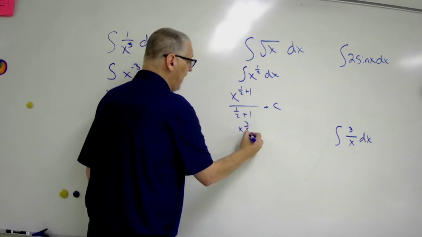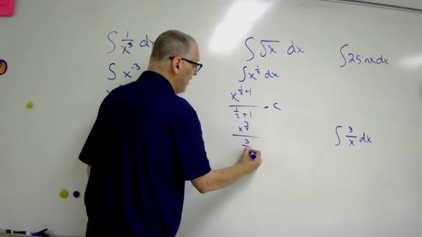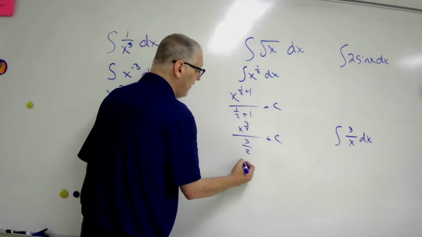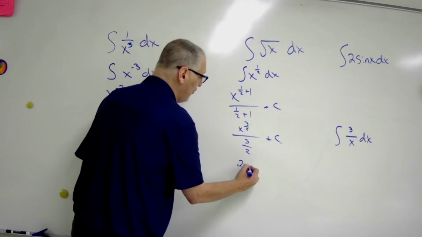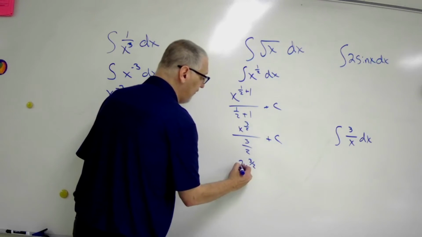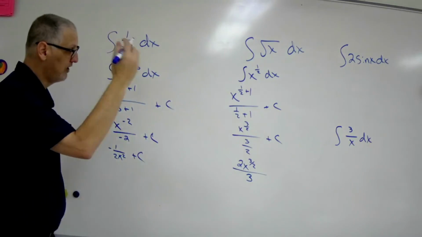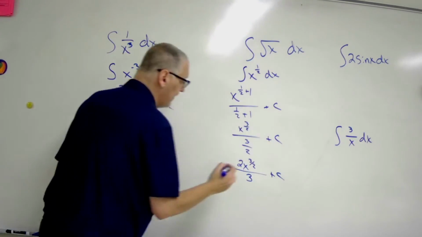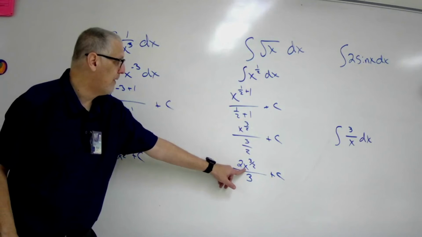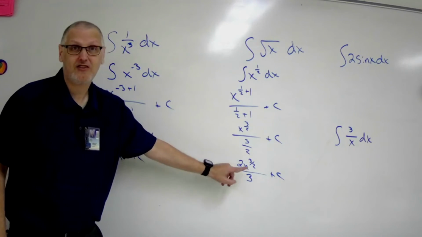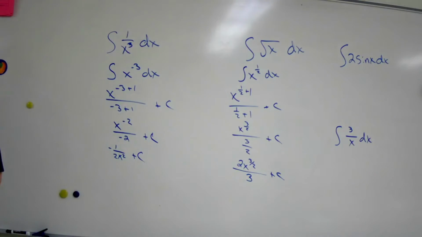X to the 3/2 over 3/2 plus c, which gives me 2x to the 3/2 over 3 plus c. Do not bother changing this back, just leave it as the exponent.